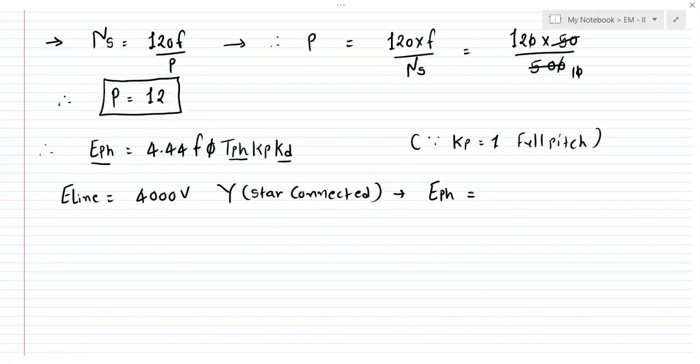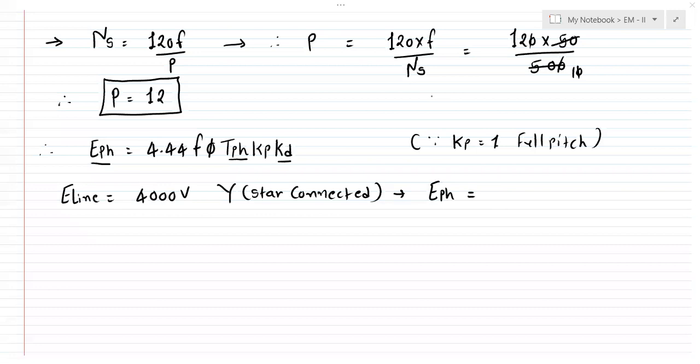If we have a star connection, I think you have already studied star delta connection in the first semester. E phase is E line over root 3.